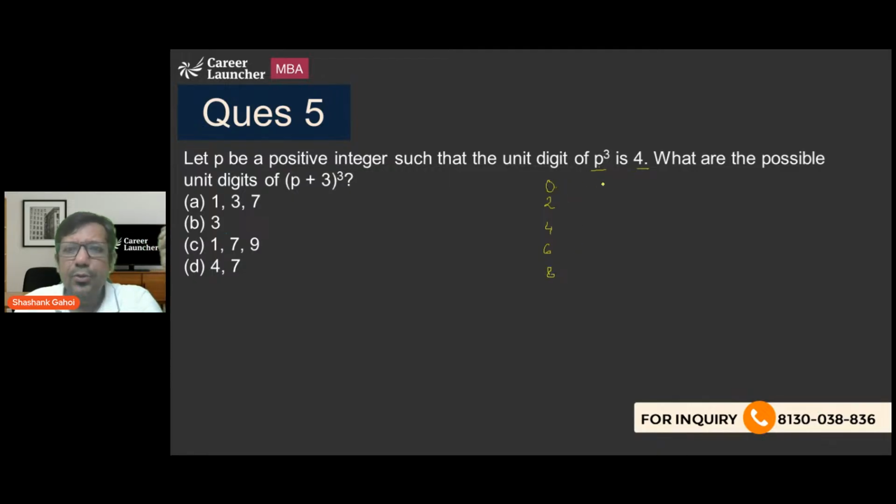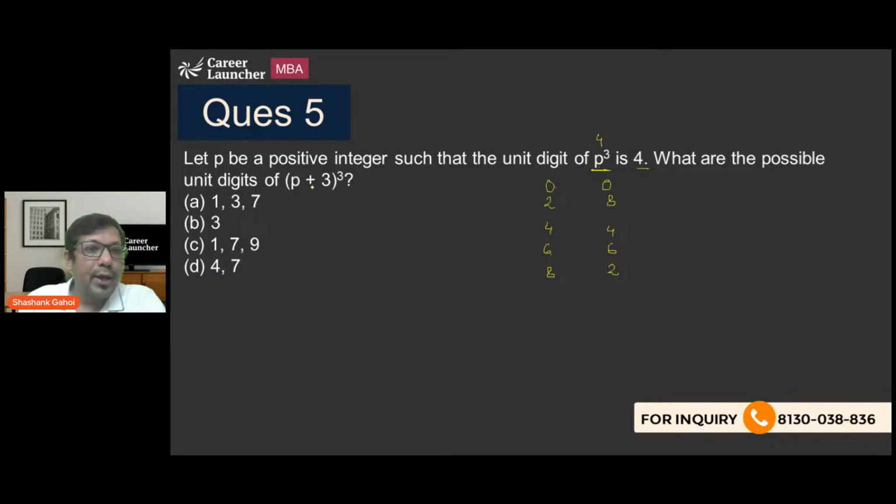Let's say 0: 0 power 3 is 0. 2 power 3 is 8. 4 power 3 unit digit is 4. 6 power 3 unit digit is 6. 8 power 3 unit digit is 2. It means I can directly say that the unit digit of p is 4.